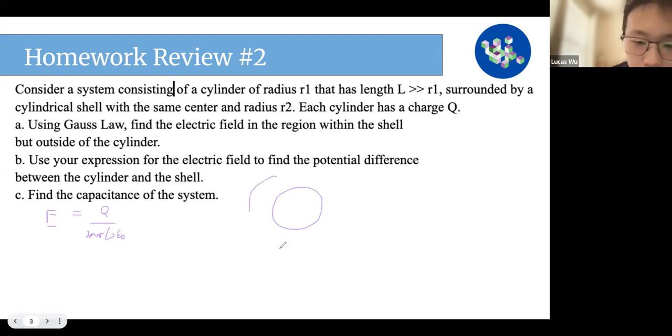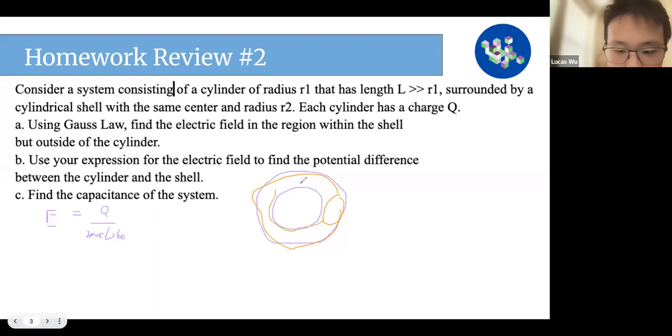That's an inner cylinder, and that'll be our outer cylinder. This is the electric field in this region, or anywhere in the region between the two cylinders.